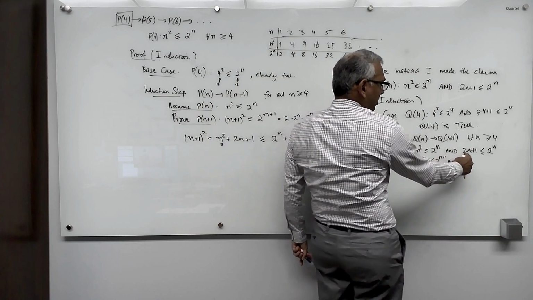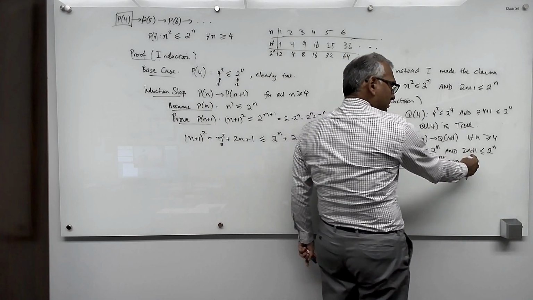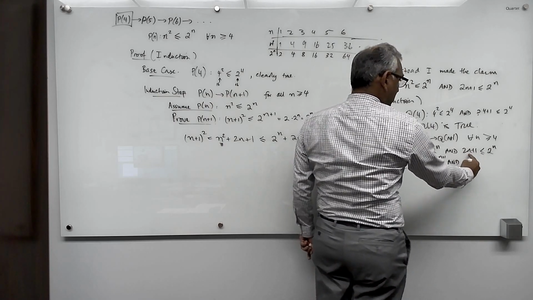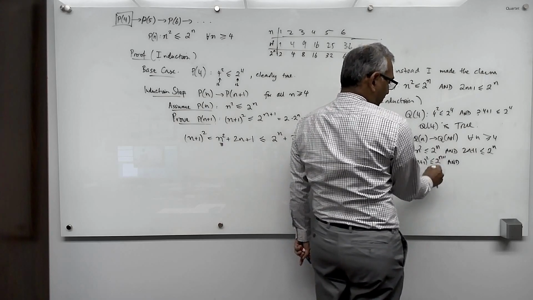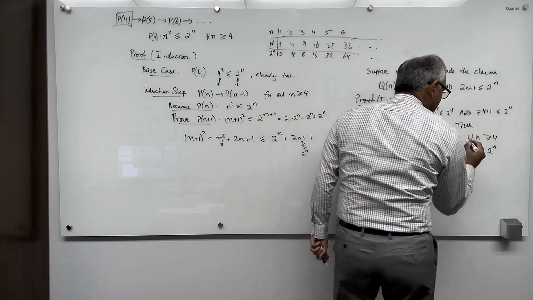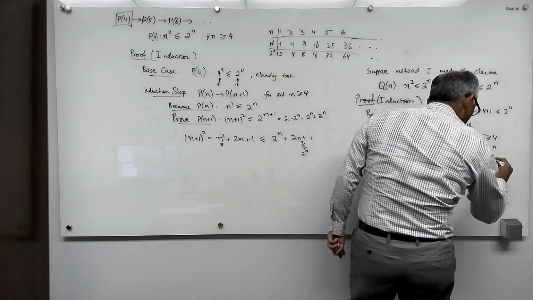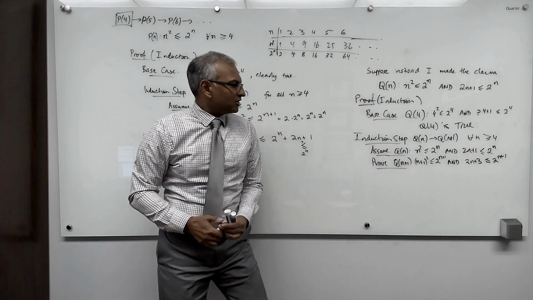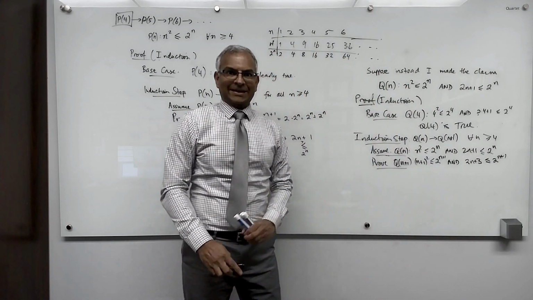So I get 2 times n plus 1, okay, which is 2n plus 2. And then 2n plus 2 plus 1 is 2n plus 3. So I have to prove that n plus 1 squared is less equal to 2 to the n plus 1, and 2n plus 3 is less equal to 2 to the n plus 1. That's what I have to prove for the induction with Q of n.